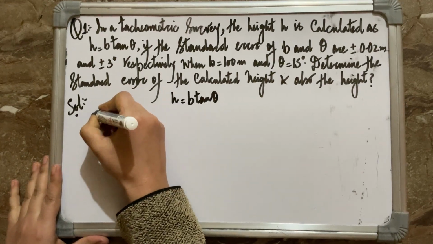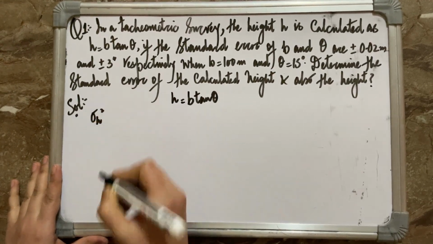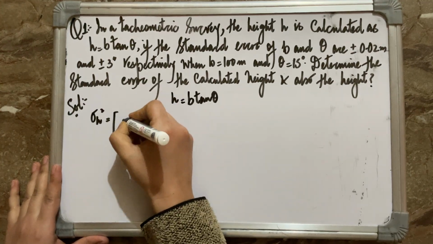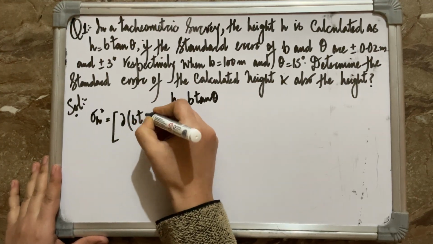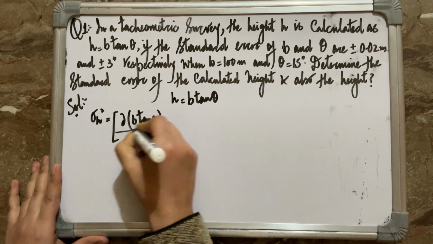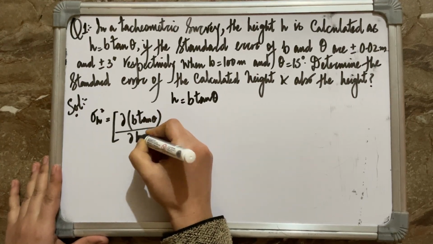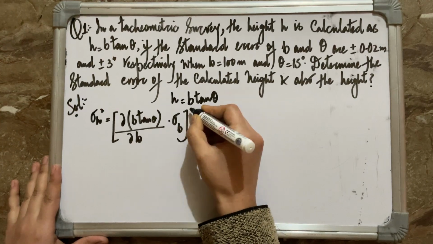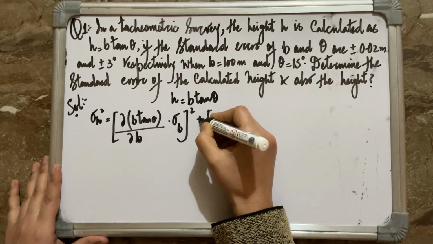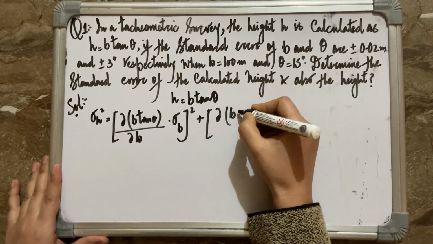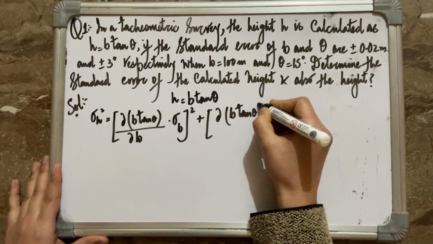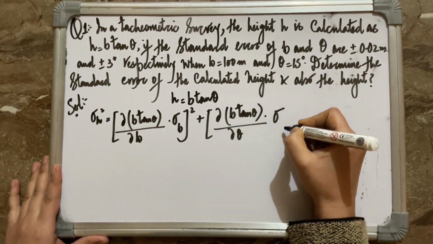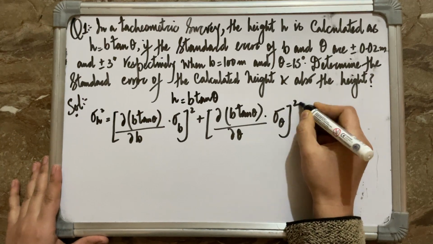So I may write it down as sigma h square is equal to, I'll differentiate it, the derivative of b tan theta with respect to b, times the standard error in b, square of it, plus the derivative of b tan theta with respect to theta, times the error in theta, square of it.